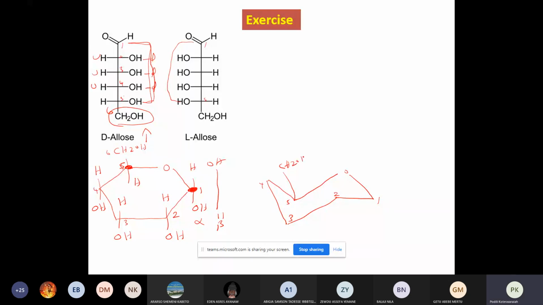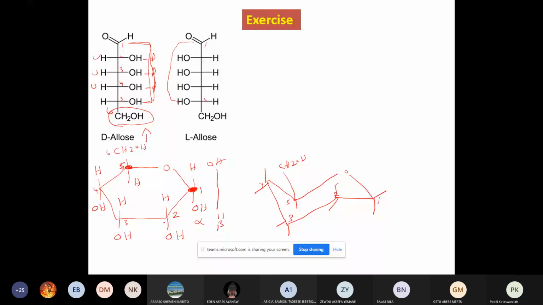This is an axial bond, and axial, axial, axial, and axial, then equatorial, equatorial, equatorial, and equatorial.